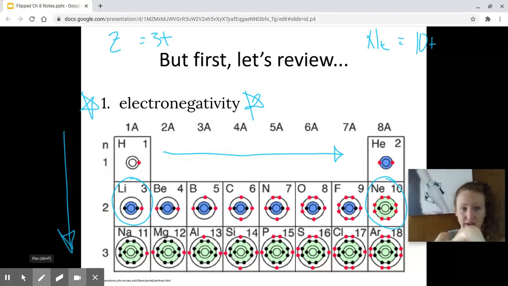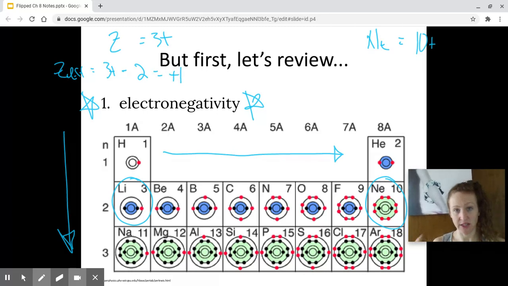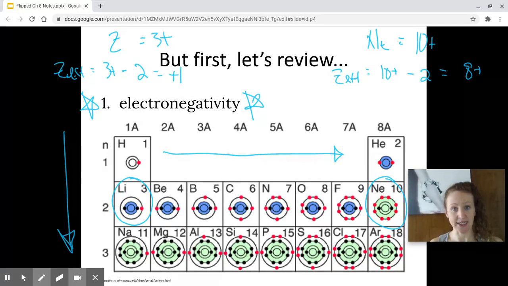So we can look at Z effective, where we take the nuclear charge minus the shielding electrons equal the effective nuclear charge that valence feels. So lithium's valence electron feels an effective charge of 1. Neon, the Z effective for neon, is going to be the nuclear charge minus shielding electrons, and the Z effective for neon is 8.